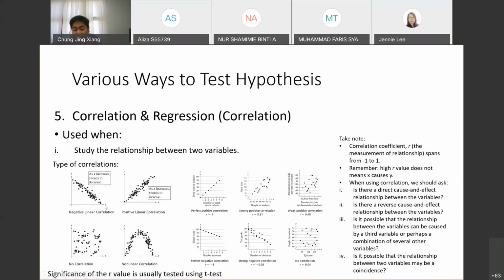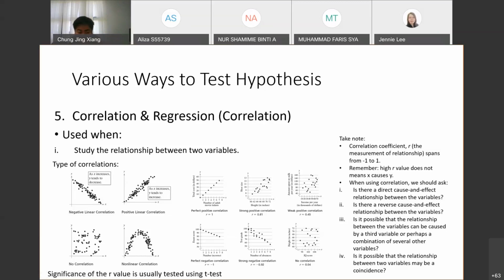We want to test the relationship between variable X and variable Y. When you plot the data, X and Y, and get a straight line going downward, it means X and Y have a negative linear correlation.